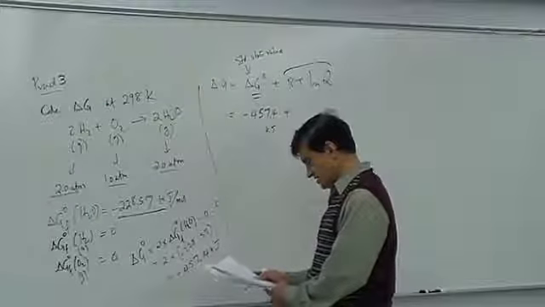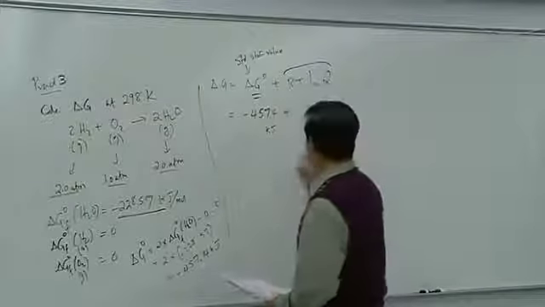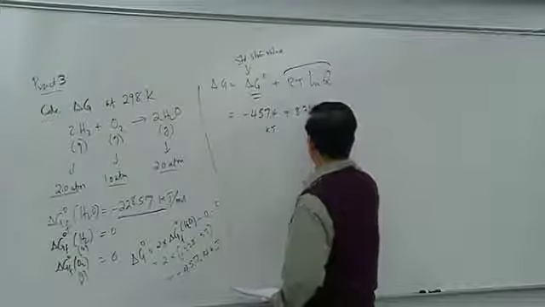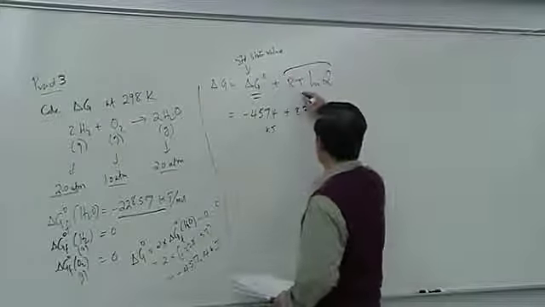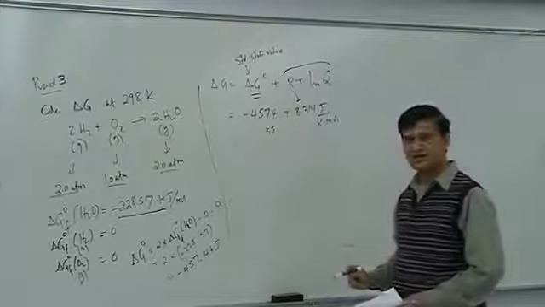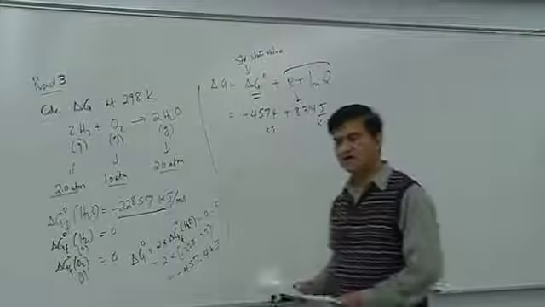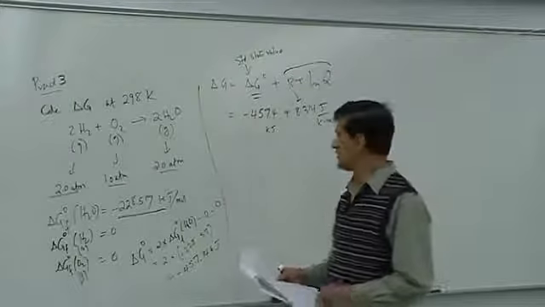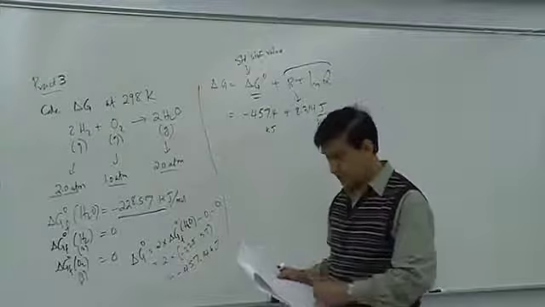So let's now put down R and T values there. R is 8.314 joule per Kelvin per mole. This is the constant, R value. This is the ideal gas constant. Now keep in mind, ideal gas constant has 2 values. One is 0.0821 liter atmosphere per degree Kelvin per mole.